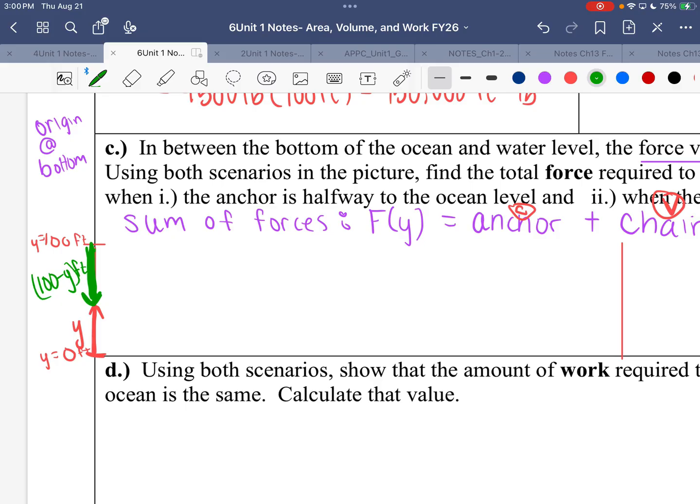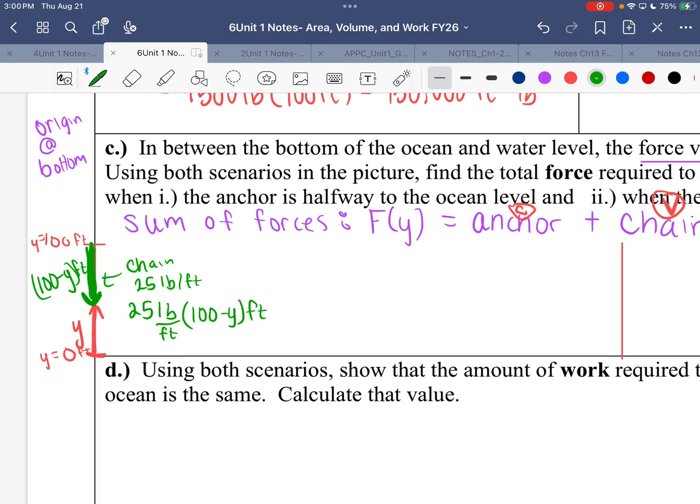And how much per foot was happening again? 25 pounds per foot. So for the chain, we have 25 pounds per foot times our 100 minus y feet.